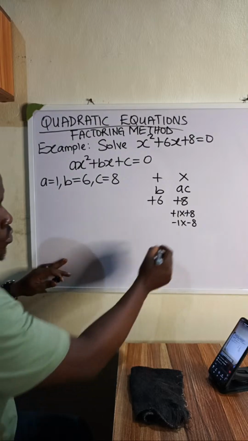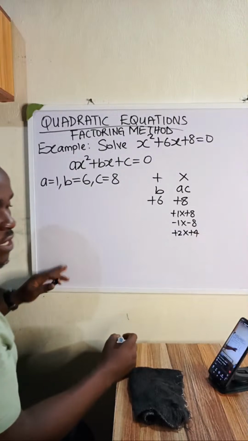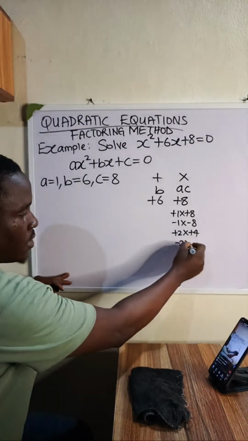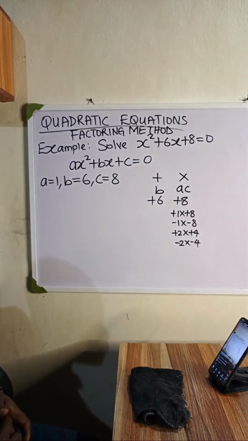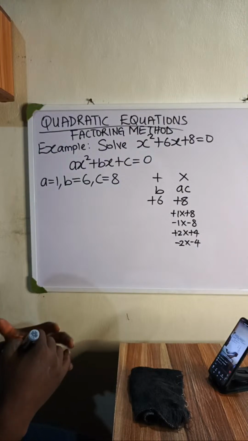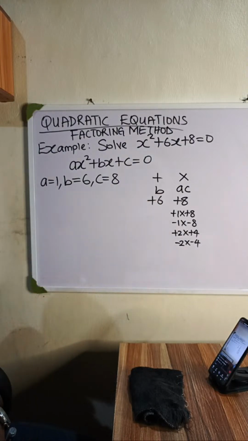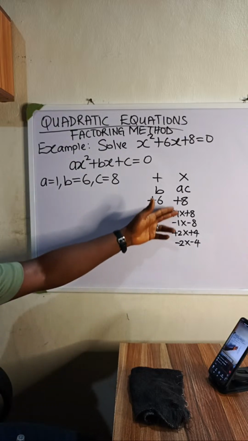Let's go to 2. Plus 2 times plus 4 will give you plus 8. Minus 2 times minus 4 will give you plus 8. So is there any other group of numbers that will multiply themselves to give us plus 8? I don't think so. The only sets of numbers that will multiply themselves to give you plus 8 are these 4.